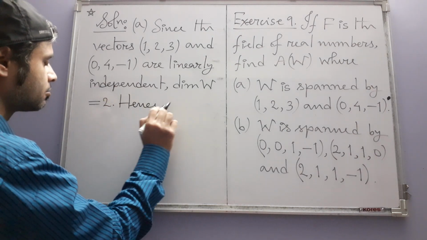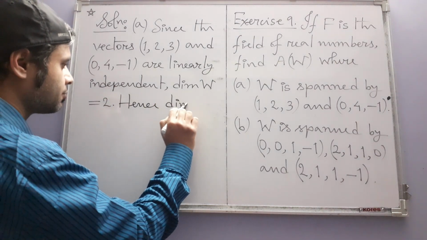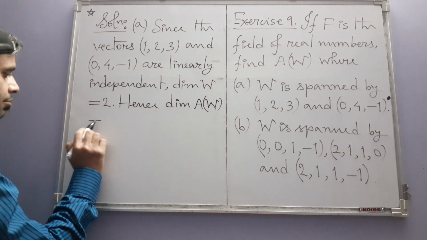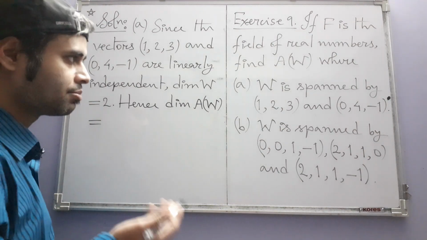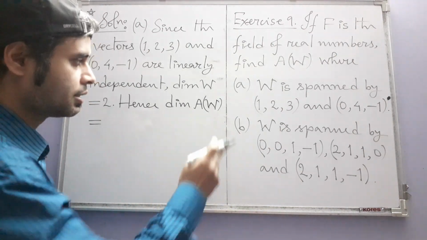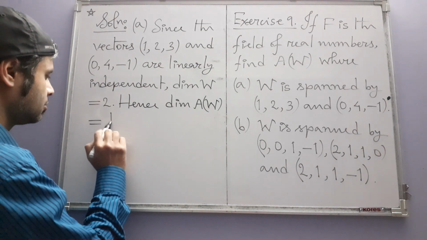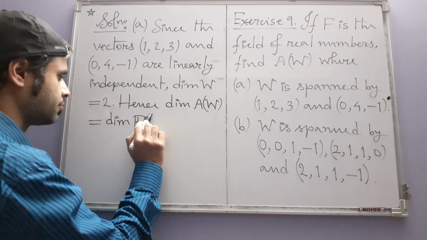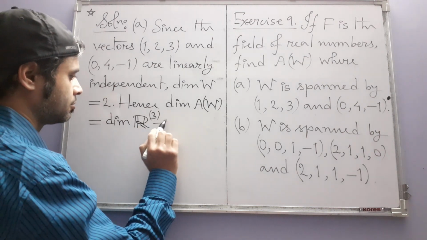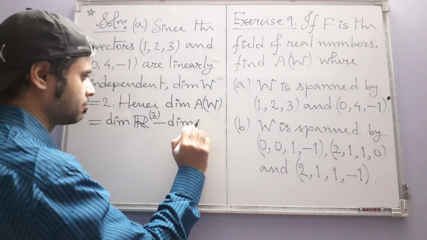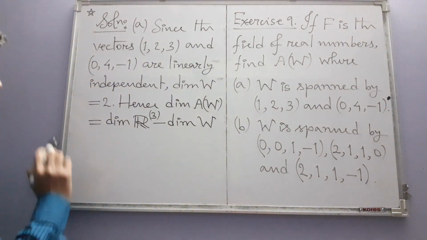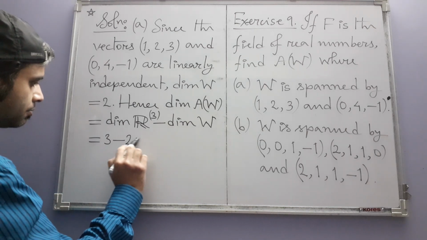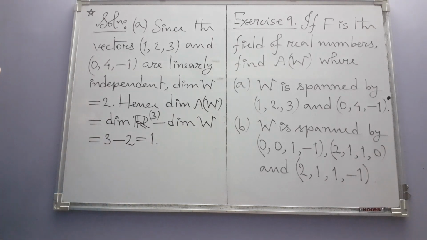Hence, the dimension of the annihilator of W is the dimension of V minus dimension of W. But what is V in this case? In this case, V is R3. In order to show that explicitly so that we do not get confused, the dimension of the 3D space is 3 and this one is 2, this is equal to 1.